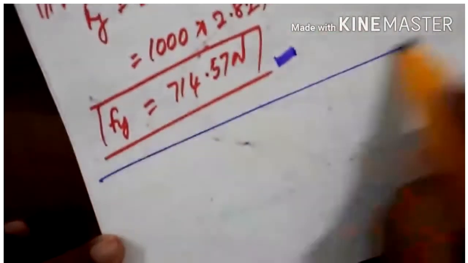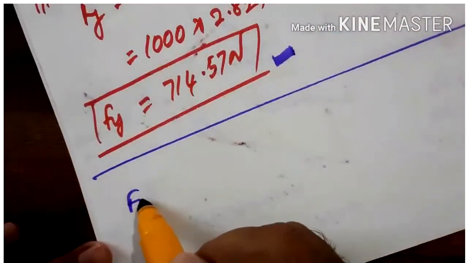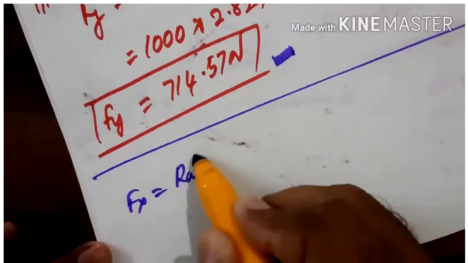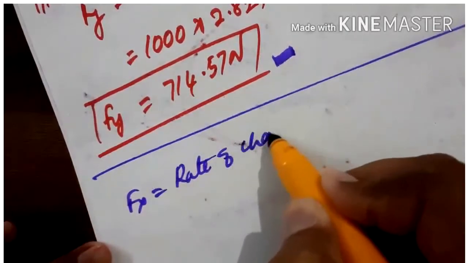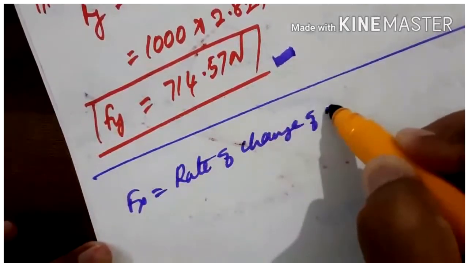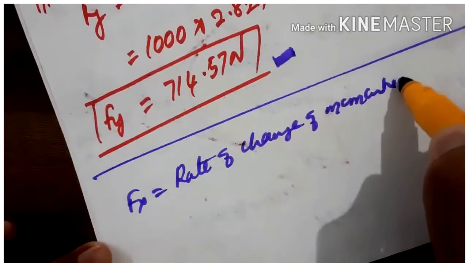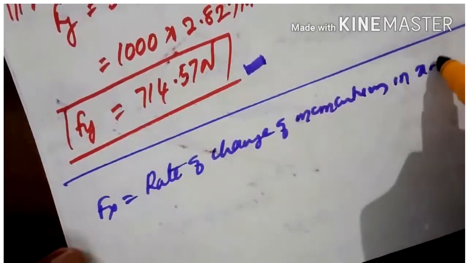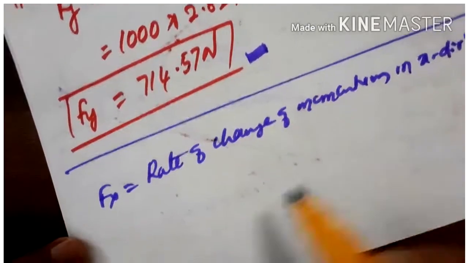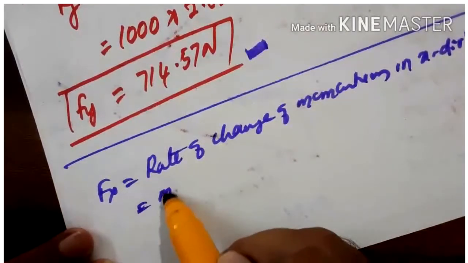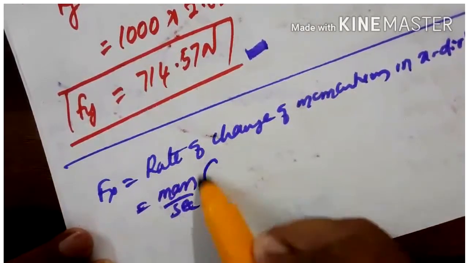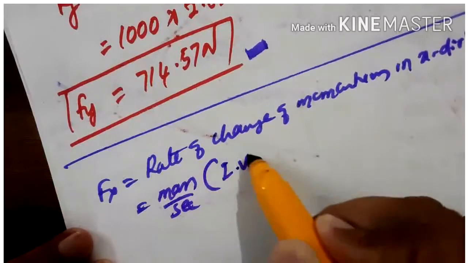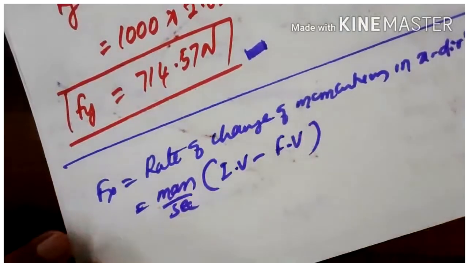So here you have to remember the equations, or else you can apply the impulse momentum equation directly. Fx will be the rate of change of momentum in x direction, that is mass per second into initial velocity minus final velocity.